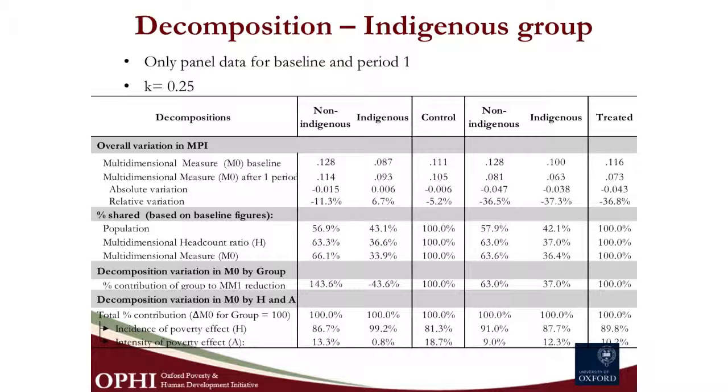What is interesting here is that there was a big impact on the indigenous, because in the control group, the level of poverty among the indigenous actually increased. Not significantly, but increased, while in the treated group it decreased. So that's the kind of analysis that you can do.